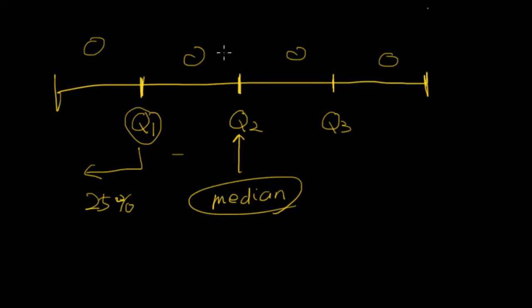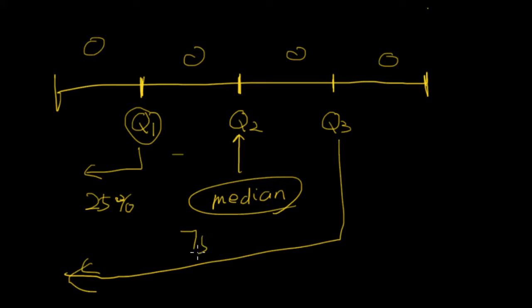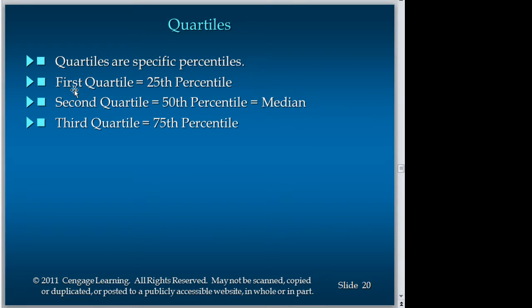So when we say Q1, behind this is 25%, Q2, behind this is 50%, Q3, behind this is going to be what? 75%, right? So that's what they mean by Q1 being the 25th percentile. The second quartile is also the median, the 50th percentile, and the third quartile is the 75th percentile, right?